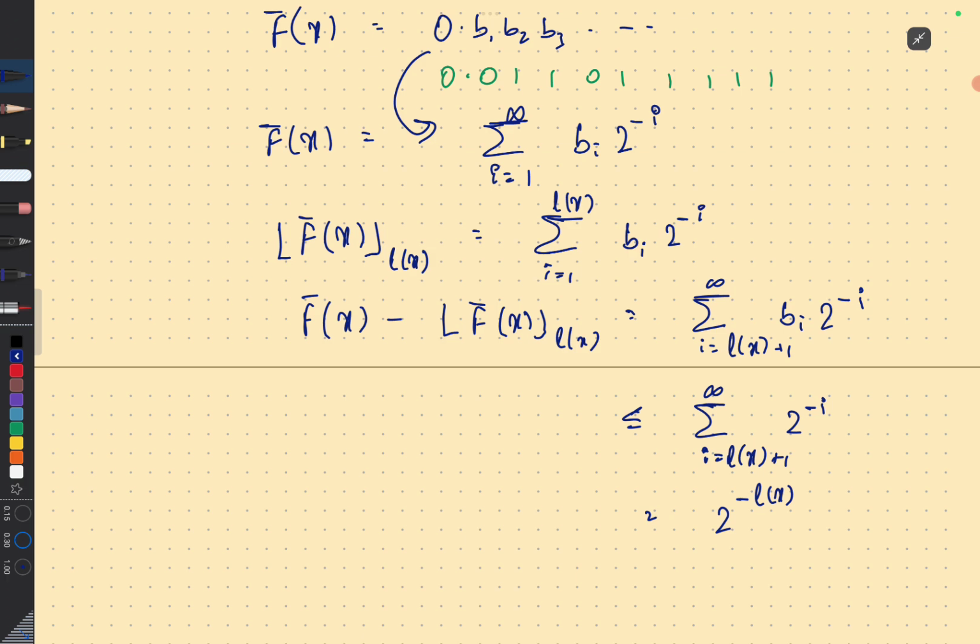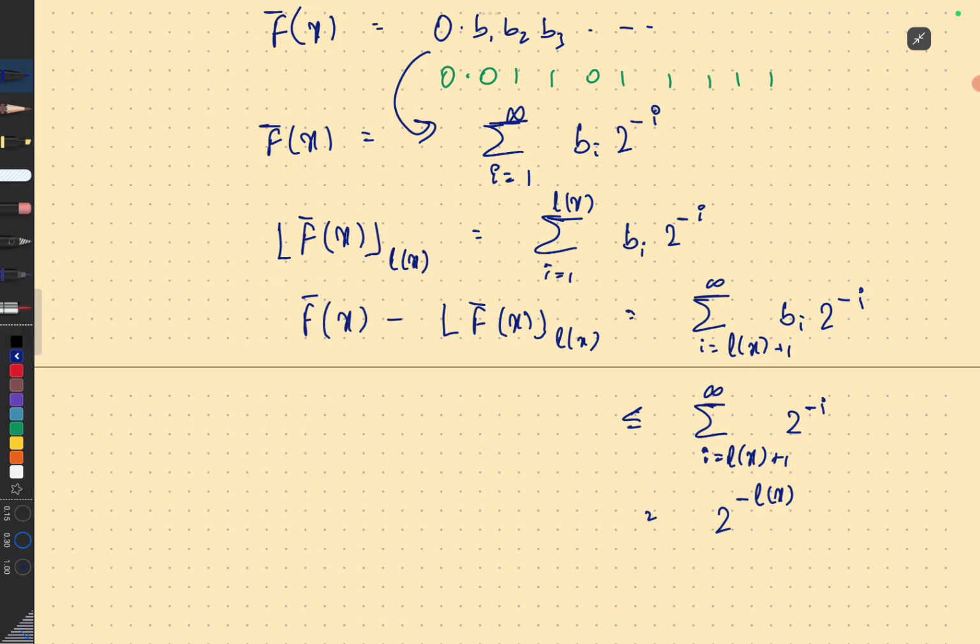Because if you recall, f bar of x is the summation over a less than x of p of a plus p of x divided by 2.